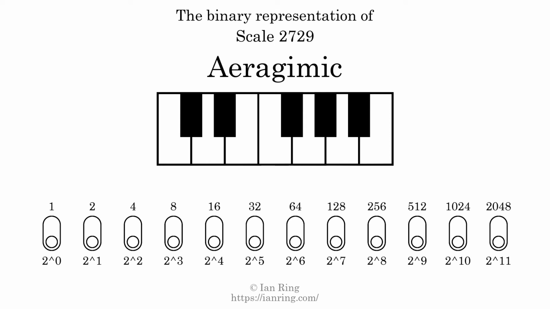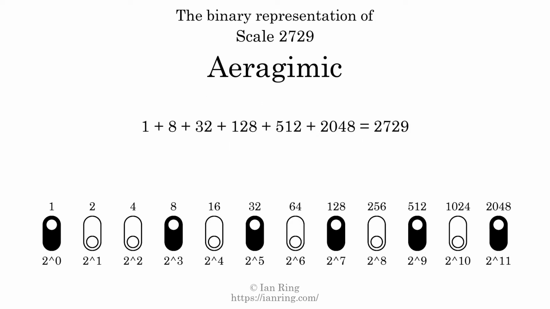The binary representation of this scale is determined by mapping tones of the scale to binary digits. Each binary digit represents a power of 2. To get the scale number, we add the powers of 2 together. The powers of 2 that are present in the scale, all added together, equals 2729.